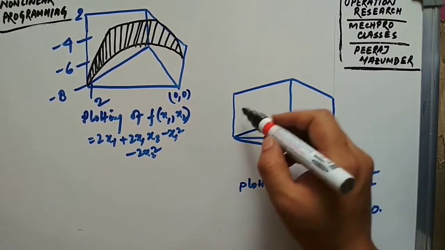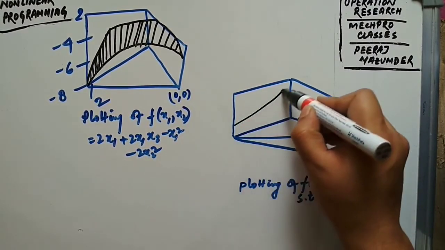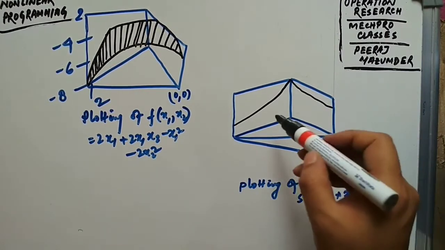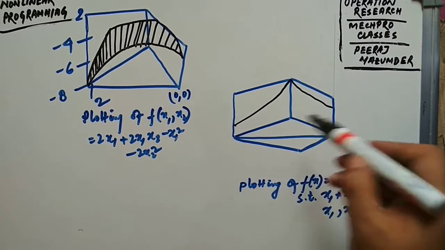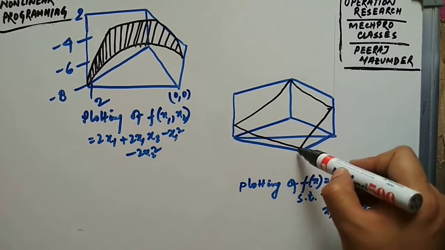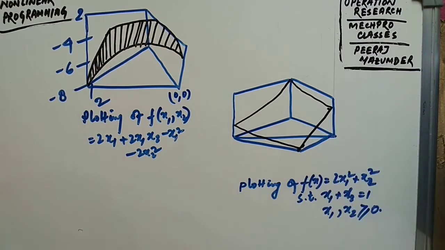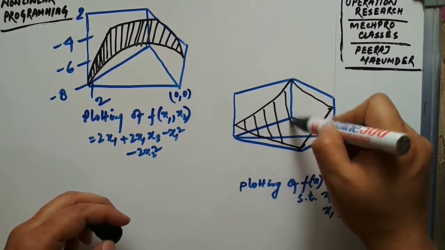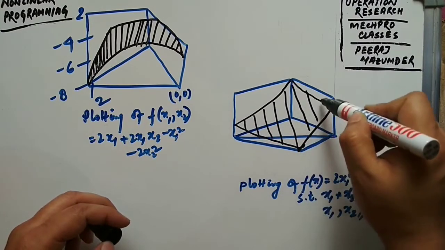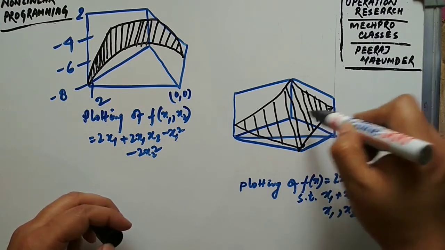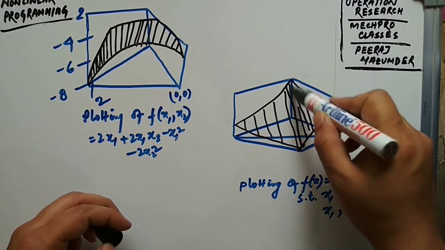Now if you plot this one with this objective function and the constraint equation, you will get like this one and this one, and this will come over here as this one and this one. Okay, this will touch here. Now the feasible region will be somewhat like this, enclosed in an envelope. Okay, so this one will be your feasible region.